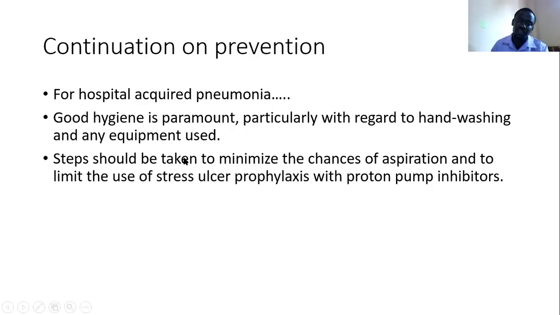If the equipment is not sterile, then you're going to introduce infection into the lungs. Then you're supposed to take steps to minimize the chances of aspiration and to limit the use of stress ulcer prophylaxis with proton pump inhibitors.